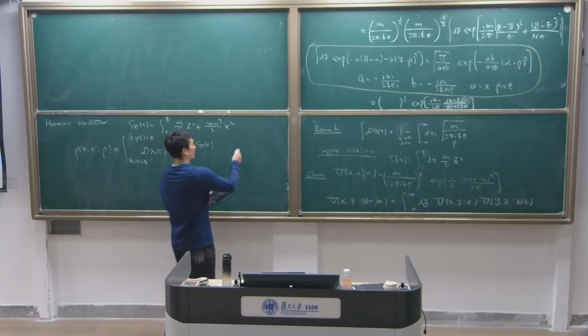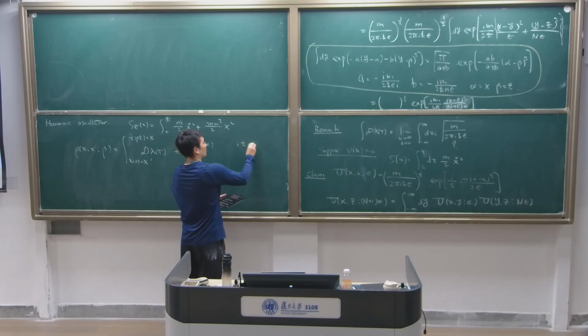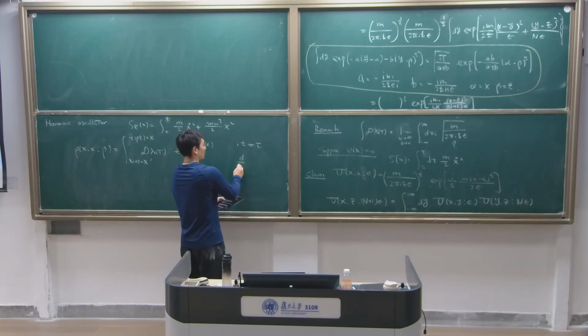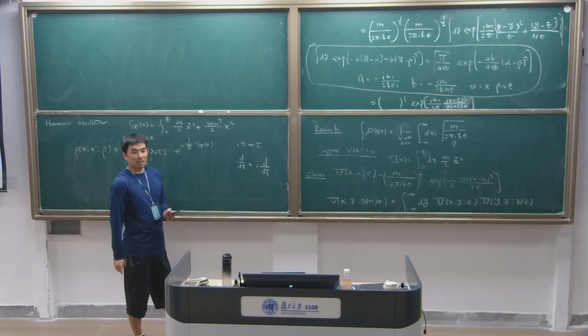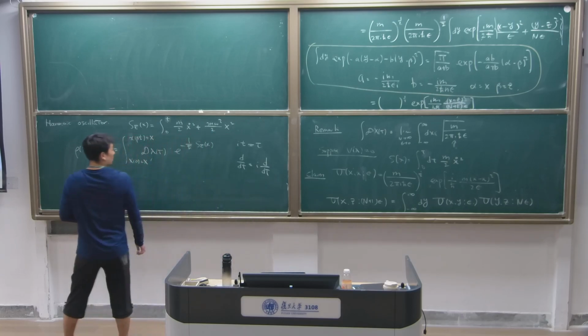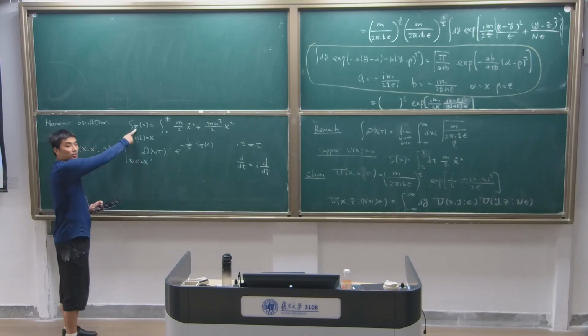What I did is that i t is treated as tau, therefore dt is i d tau. So E means Euclidean version.